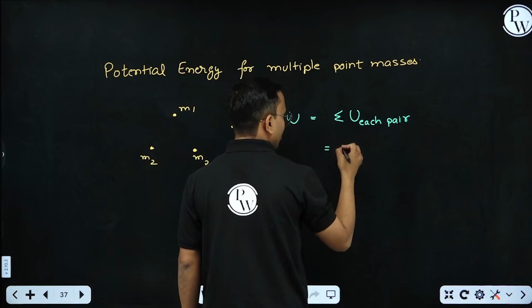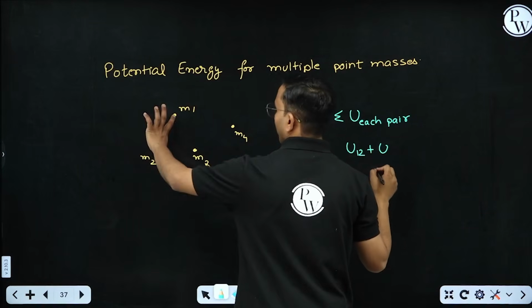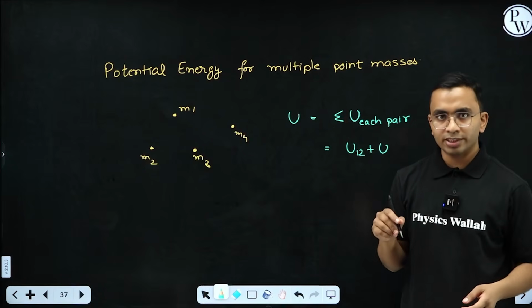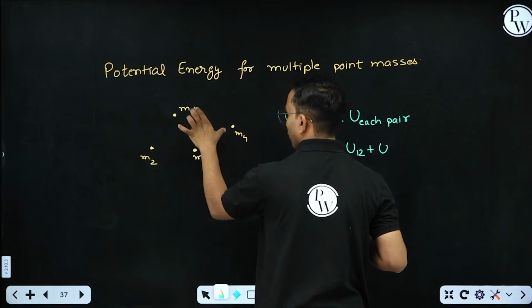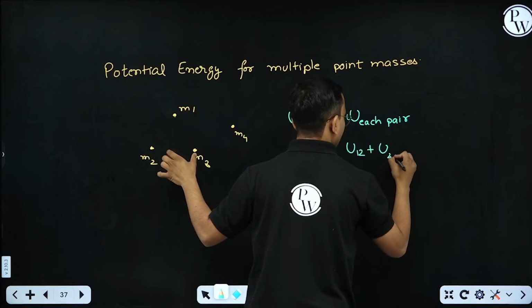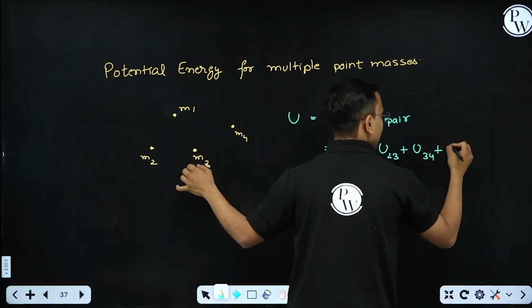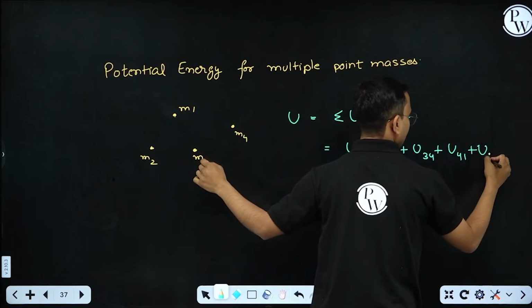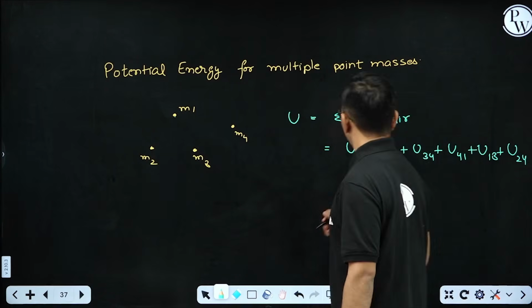With 4 masses, how many pairs will be there? 4C2, 4 into 3 by 2, that is 6 pairs. 1, 2, 2, 3, 3, 4, 4, 1, 1, 3, 2, 4, like that.